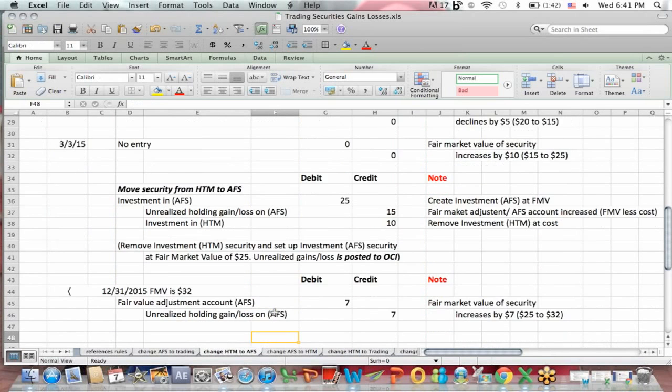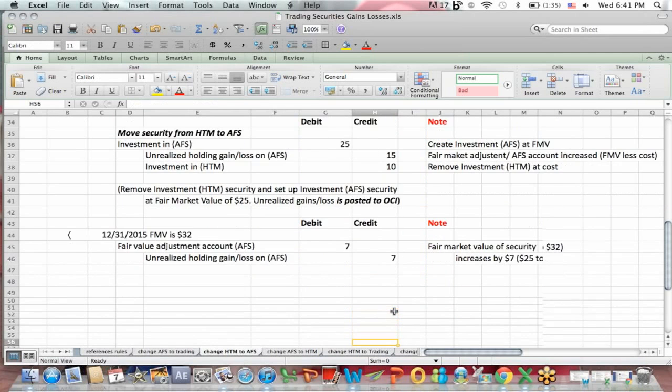Now we move the security from hold to maturity to AFS. We create an investment in AFS account for the $25 current fair market value on March 3rd. We take the hold to maturity security off the books by crediting. It's now removed. And we credit unrealized holding gain or loss on available for sale because now this is an available for sale security and we need to post that adjustment.